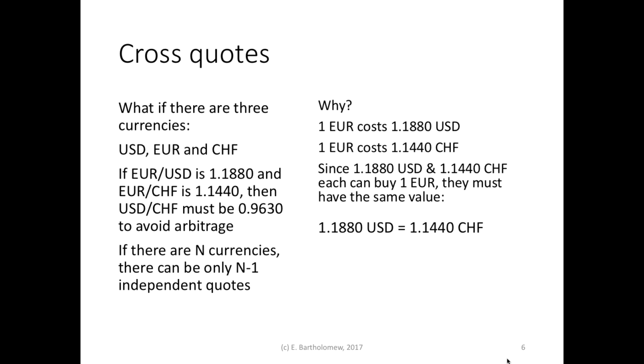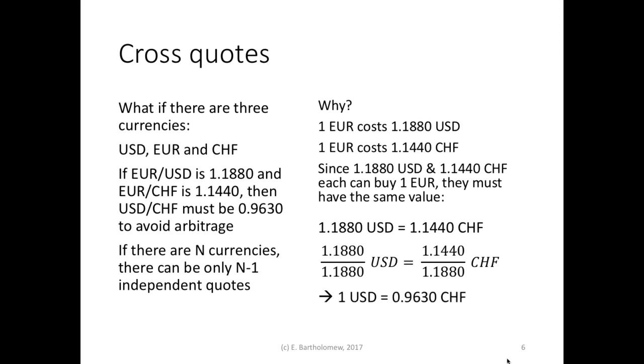So that means $1.1880 is equivalent to 1.1440 Swiss francs, since both can buy 1 euro. And so if we divide through by the first one, 1.1880, we can derive the number of Swiss francs that would be equivalent to $1, in this case 0.9630.